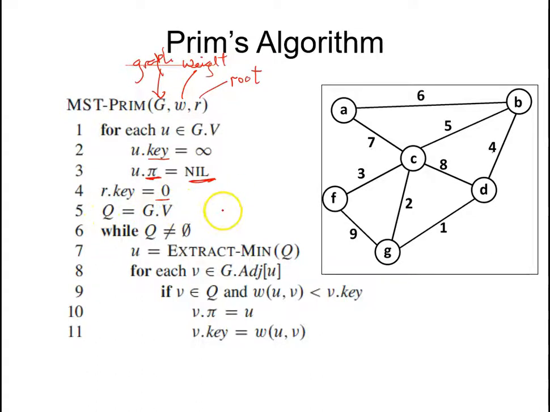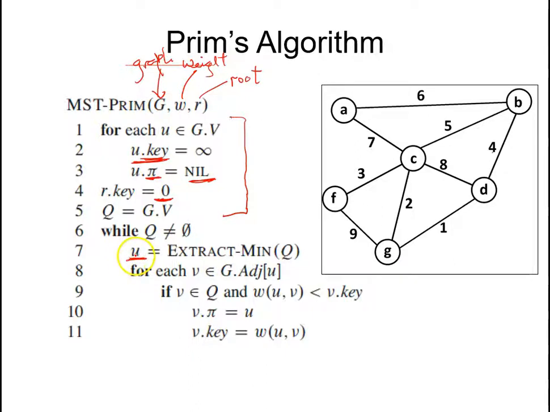And the way we value a vertex is by the key value we've set. But as you see in this initialization, we have set all the key values to the same value, which is infinity. Okay, so there's no way really to differentiate them, except for the key value of the root, which we've set to 0, which means when we extract min at the start, what is going to be extracted is the root.